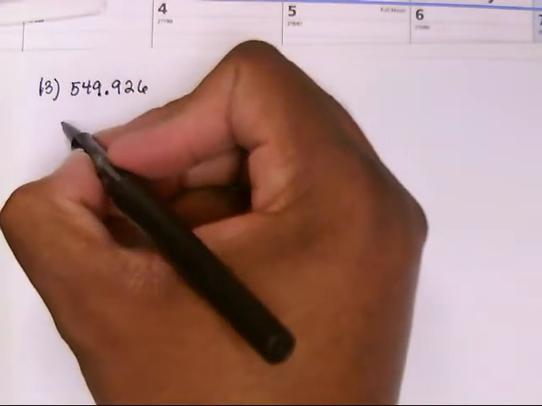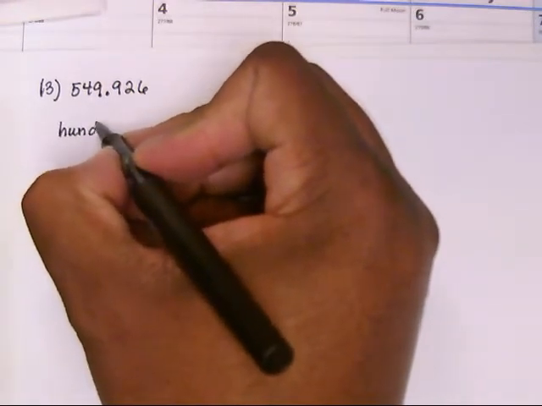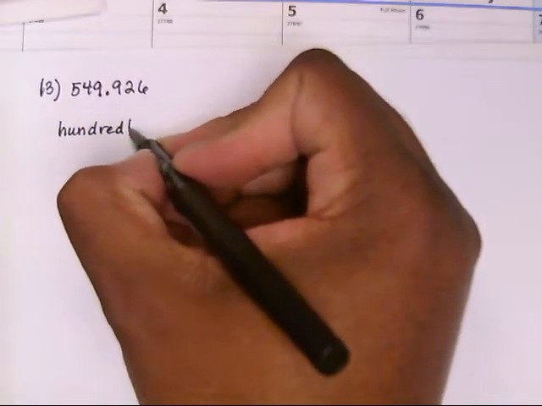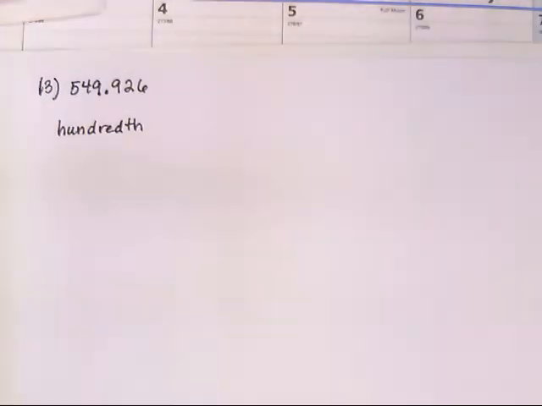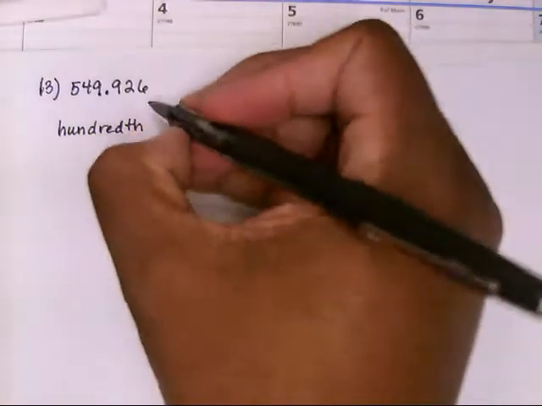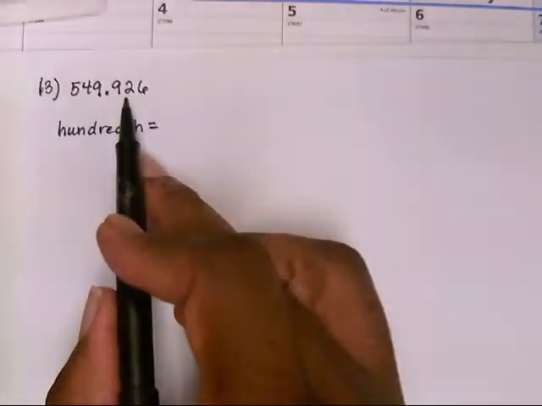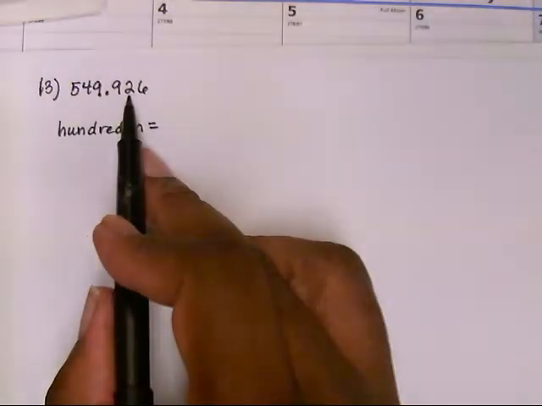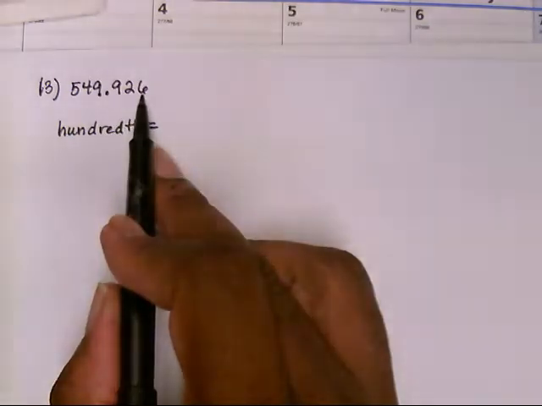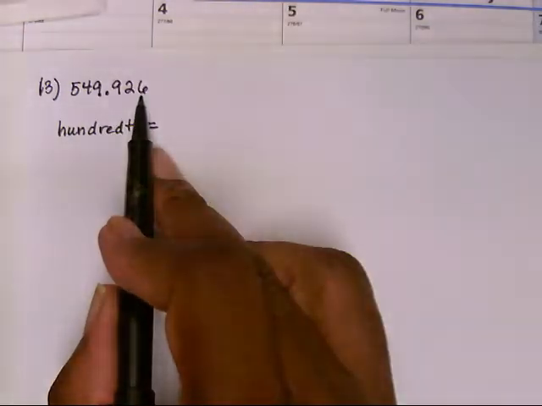So here we're going to round first to the nearest hundredth. All right, in this case here, the hundredths place is the second digit after the decimal point. In this case is a 2. To the right of it is a 6. Okay?